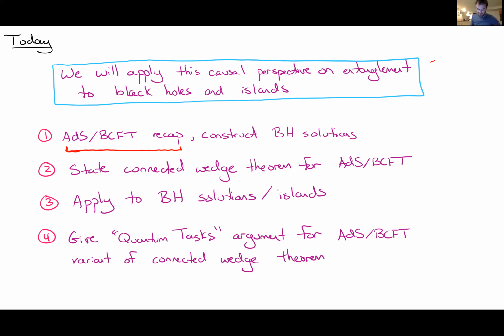What AdS BCFT is, I should say, is some kind of holographic duality for a conformal field theory that lives on a manifold with a boundary. And that's going to be the setting in which we'll construct some solutions that will serve as our black hole solutions. And then second, I'm going to state a theorem similar to the one that was on the last slide, but that's adapted to this context of AdS BCFT.